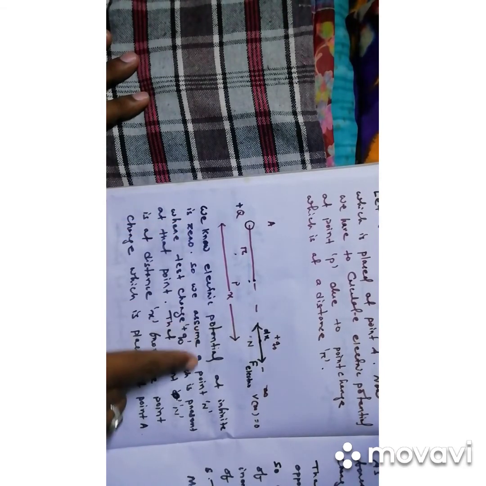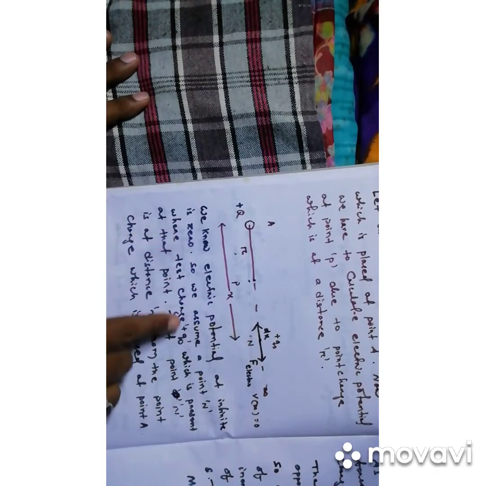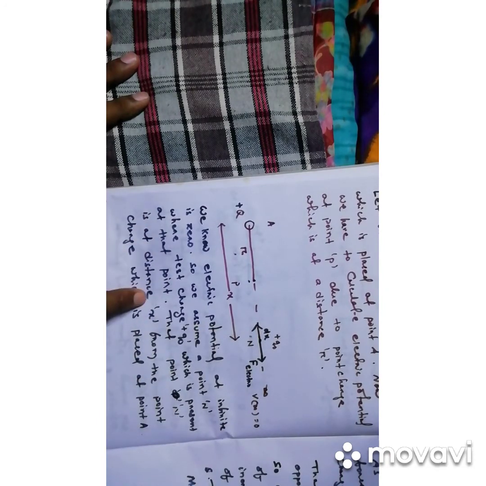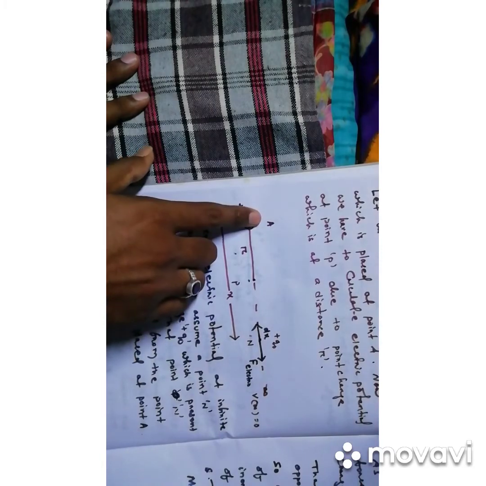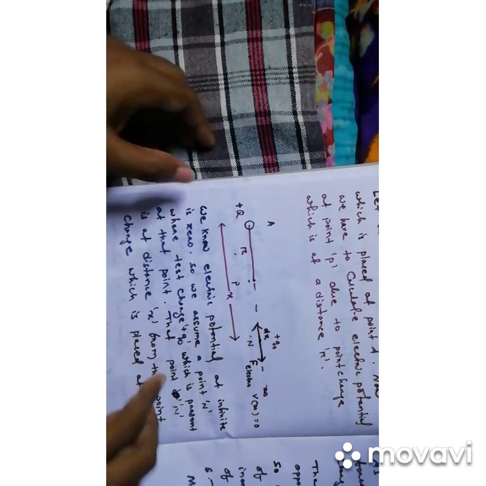So we assume a point N, where a test charge plus q naught is present. That point N is at a distance x from the source charge or point charge, which is placed at point A. Clear?